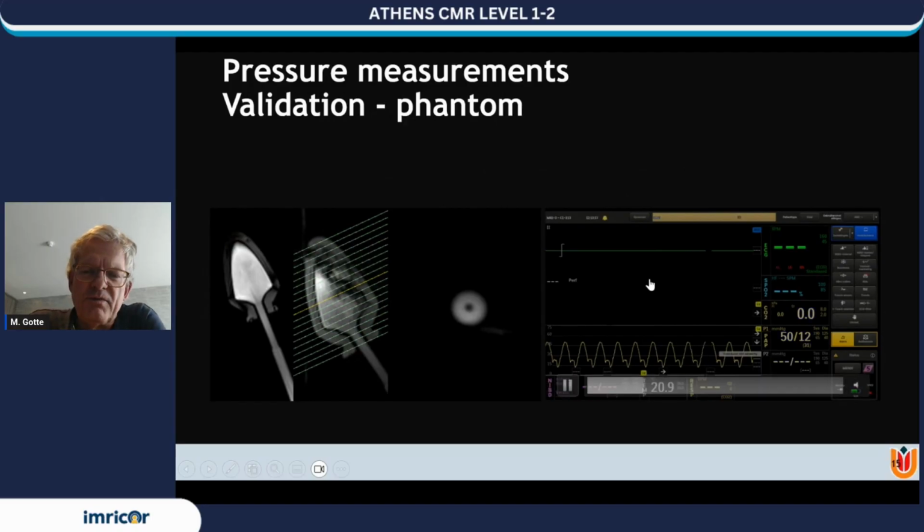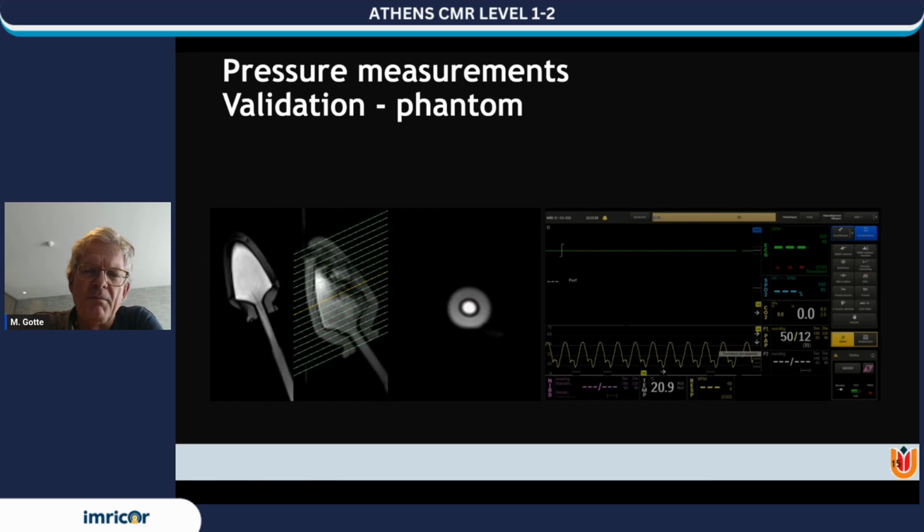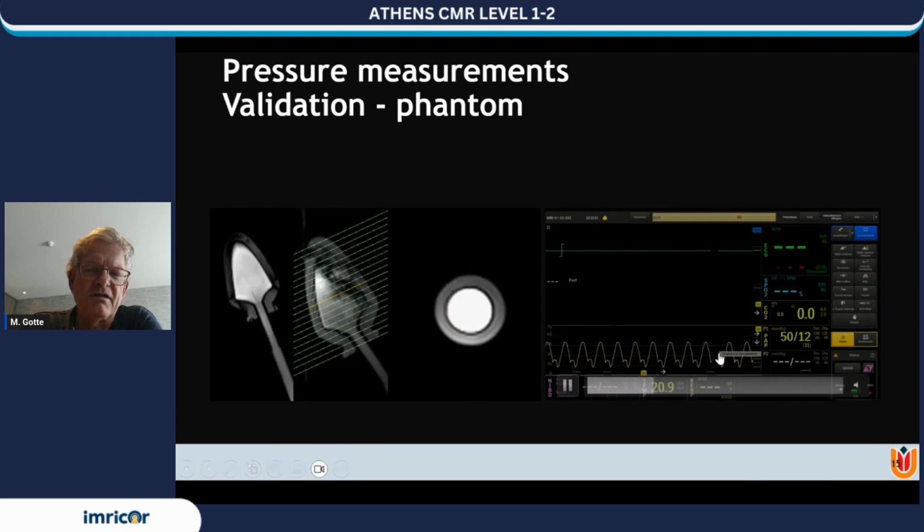What we did is we took an MR400, an MR compatible monitoring system, one of the most common MR compatible systems to monitor patients who undergo an MRI scan. But the limitation of this system is that it has no data storage capabilities. So it's just meant to be used for monitoring, and it provides you instant information. The information is lost once it is not on the screen anymore.